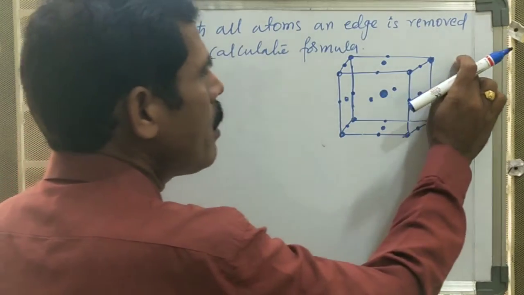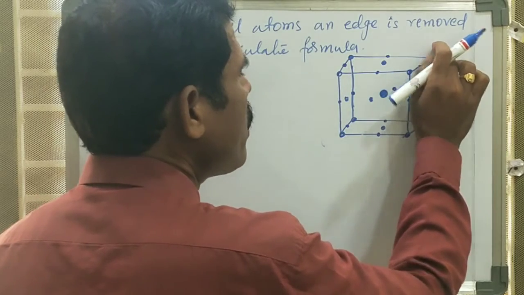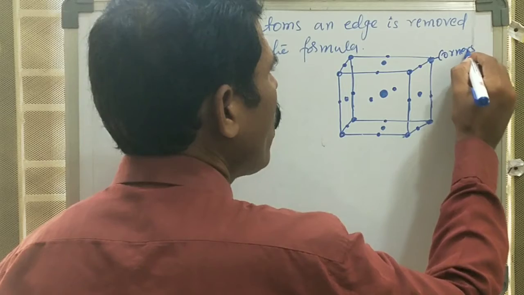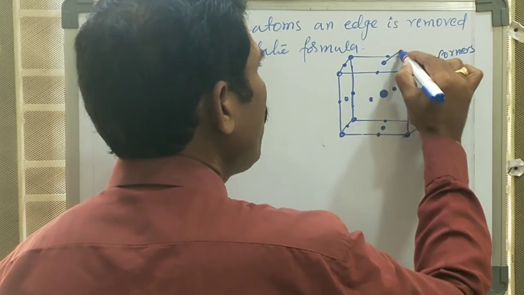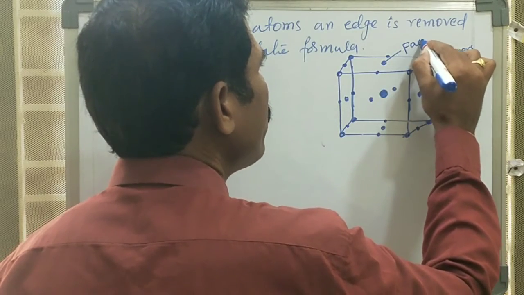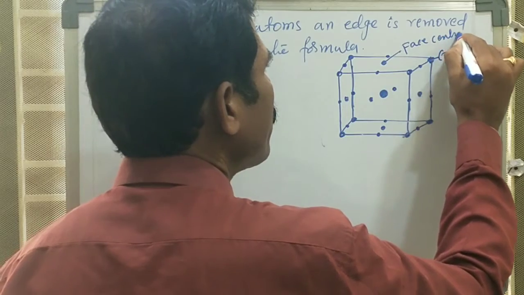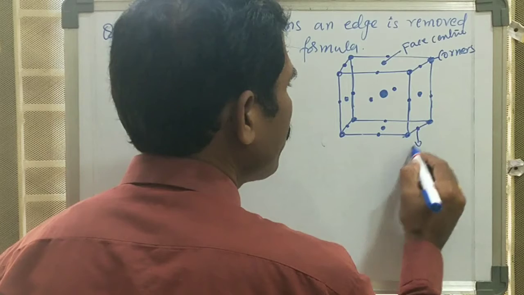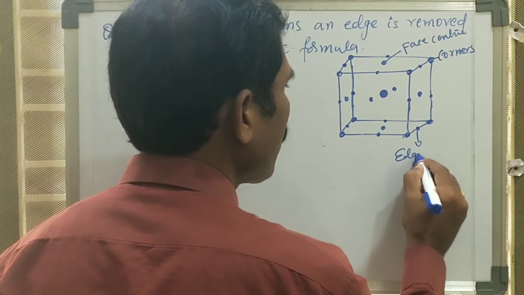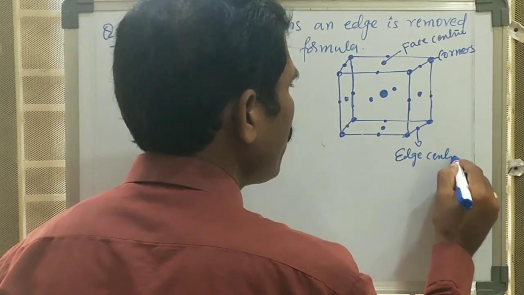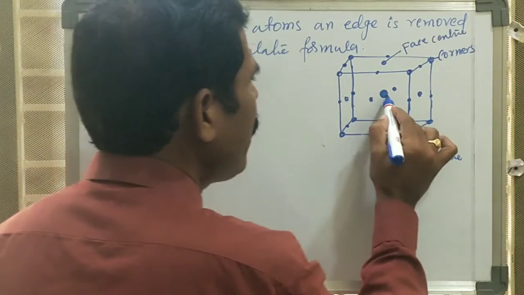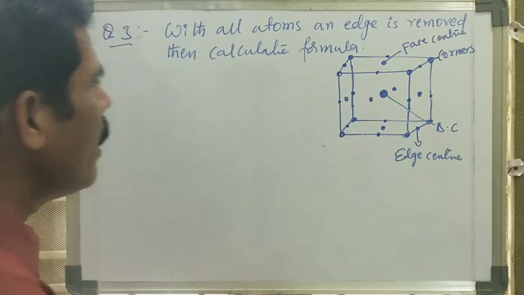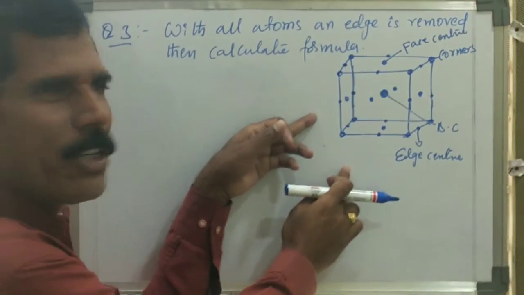These are the corners, these are the face centers, then the edge centers, then this is the body center. This is the three-dimensional unit cell.